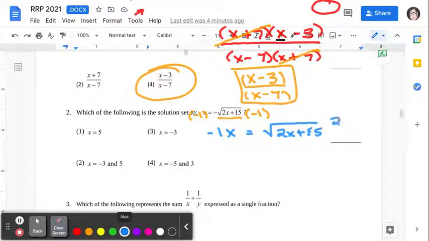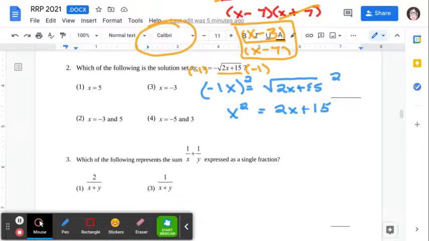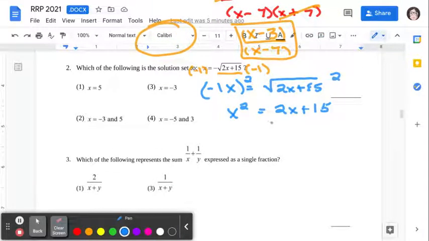We're going to square both sides, square that whole thing. So negative 1x times negative 1x is positive 1x squared. And then we have 2x plus 15 on the right-hand side. Since we have an exponent, I am going to get one side equal to 0 and then hopefully factor. So I'm going to subtract 2x on both sides and 15 on both sides.